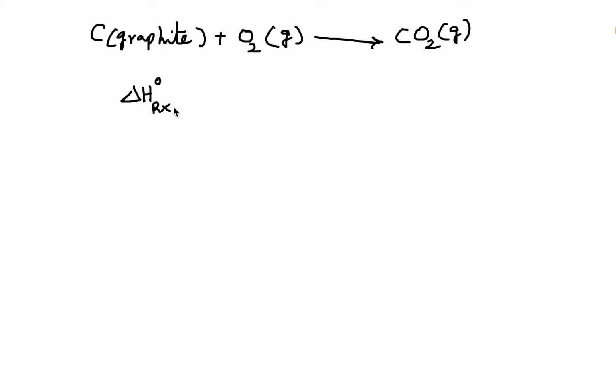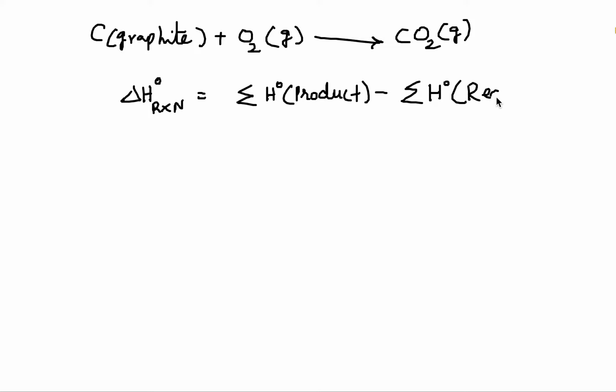So delta H naught reaction is equal to summation of standard enthalpy of products, that is carbon dioxide. So let's take the formula first, then we go for applying this formula to the above equation, that is summation of enthalpy of products minus summation of enthalpy of reactants.